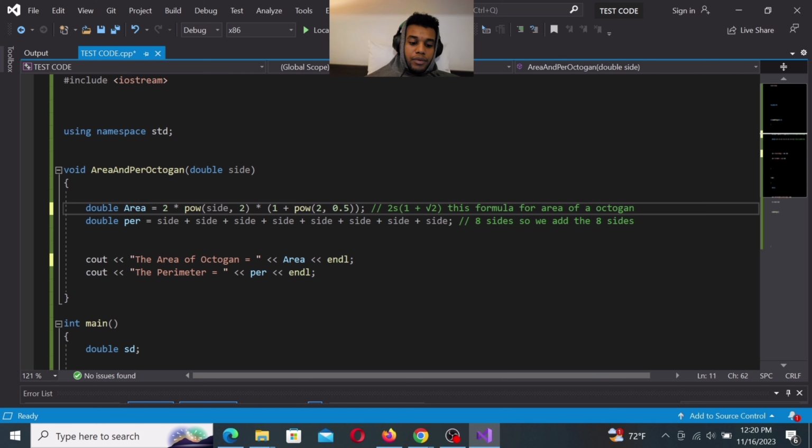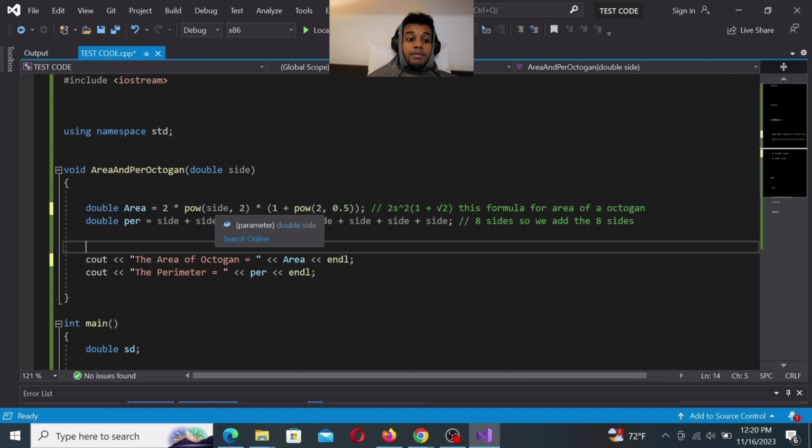My bad, so it's side squared. It's going to be 2 times power side squared, which is going to be 2 times side squared times this part right here, which is going to be 1 plus the square root of 2.